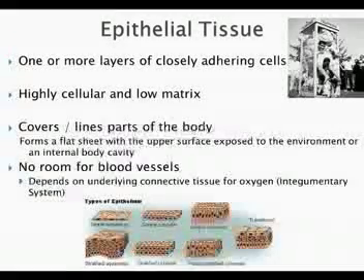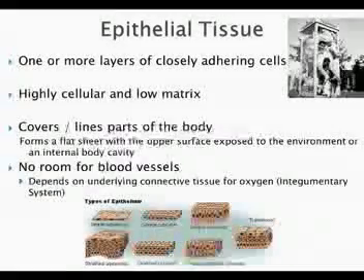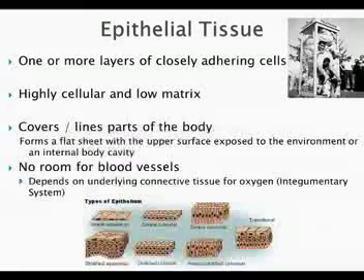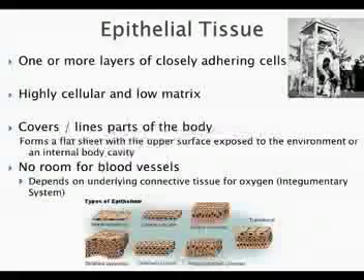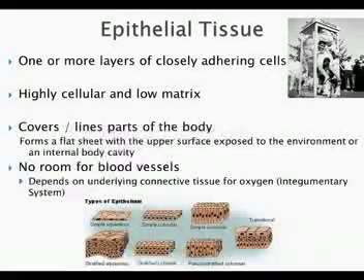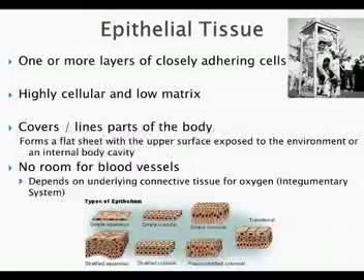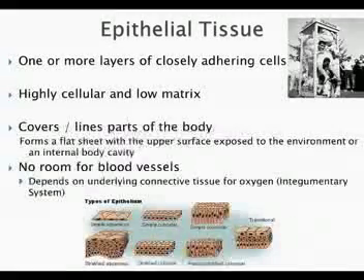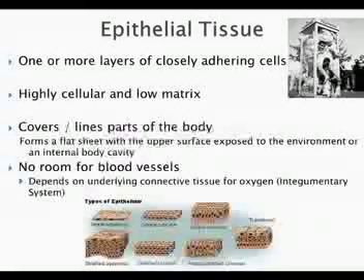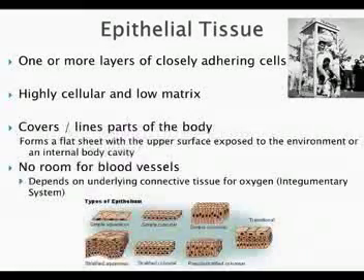If you look at that picture in the corner, you think of the telephone booth itself as the matrix and the people as cells, and you can see that there's a little bit of matrix, but mostly it's just people or cells shoved in there. And that's really what epithelial tissue is. It often covers or lines most of the body, and it's really tightly packed in there. So it's relying on other systems or blood vessels through diffusion to get oxygen and blood to it. All right, so when you think of epithelial tissue, think of covering or lining parts of the body.